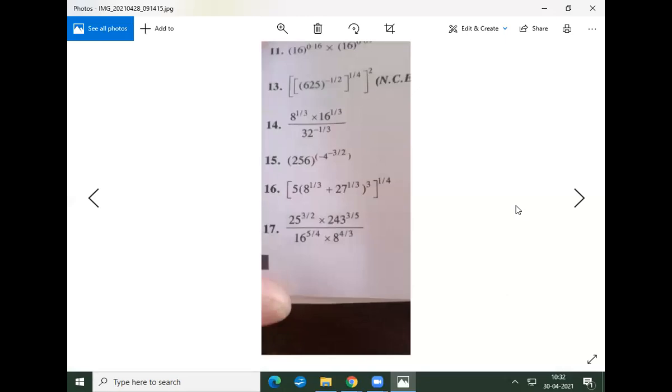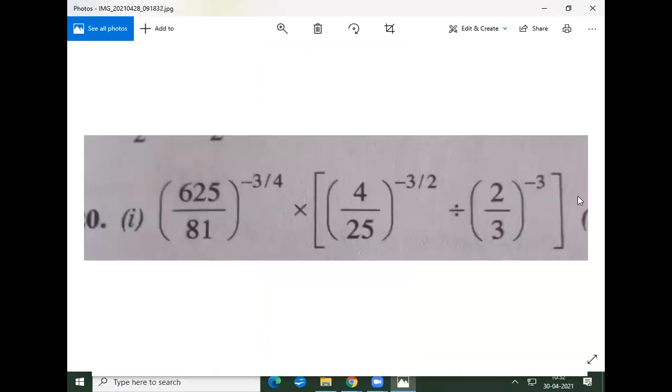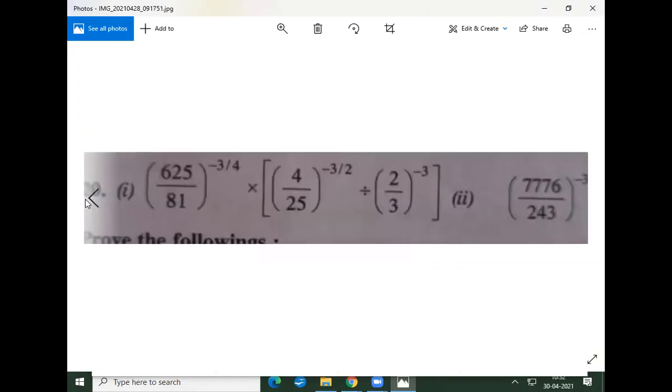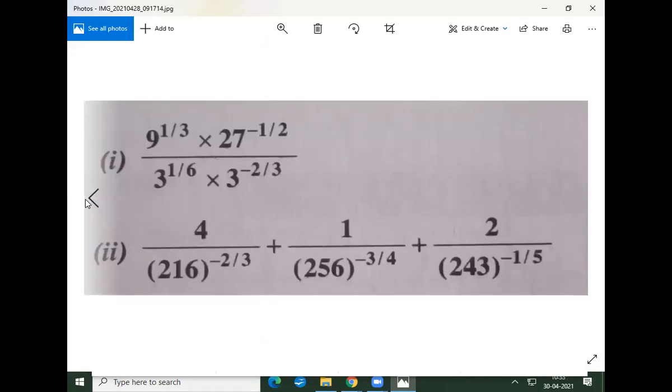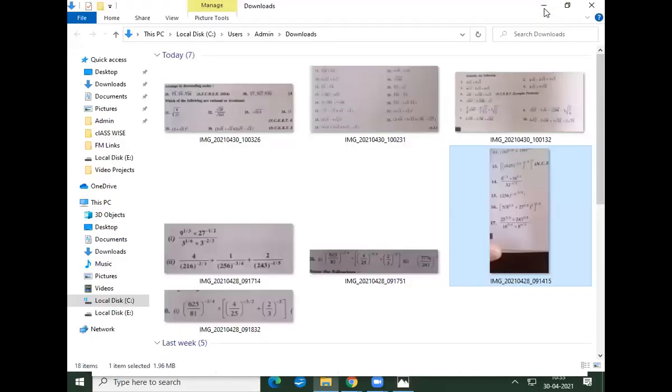This was the first set. This was another problem. One more problem was there. In the last, the power is -3. Then these two a little tougher problems were there. So these were the problems which we discussed yesterday.